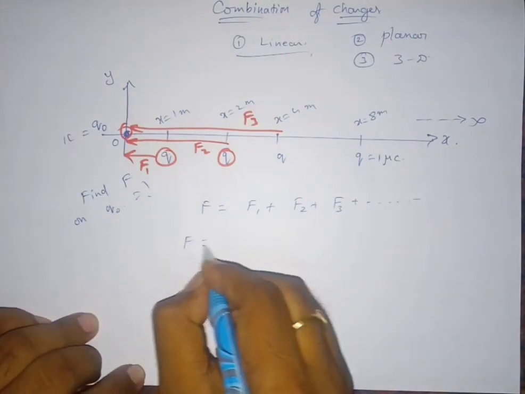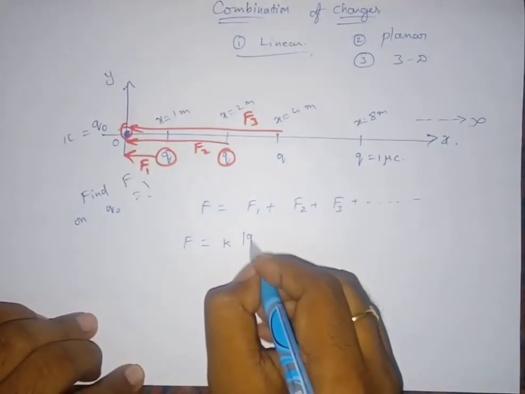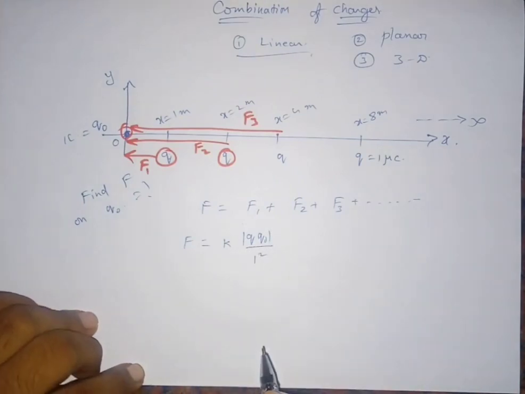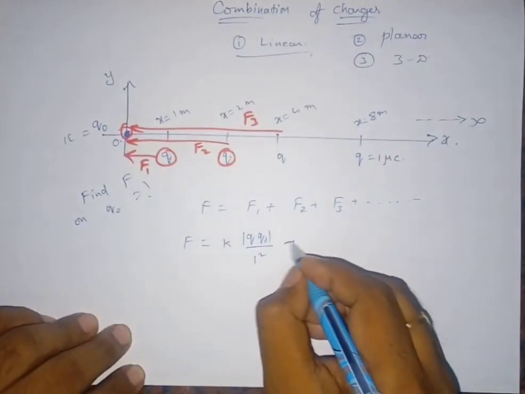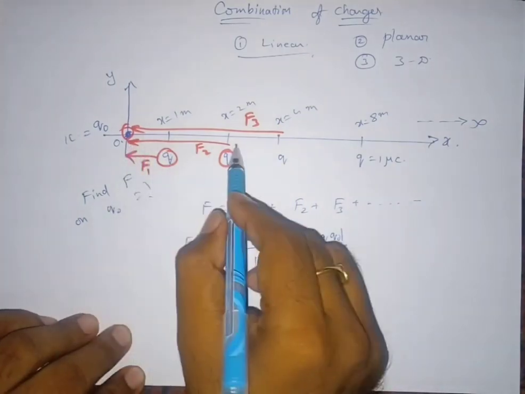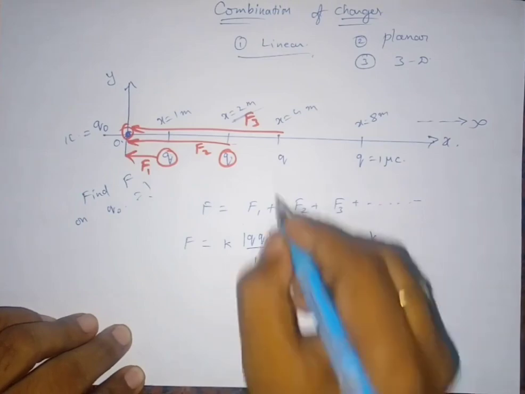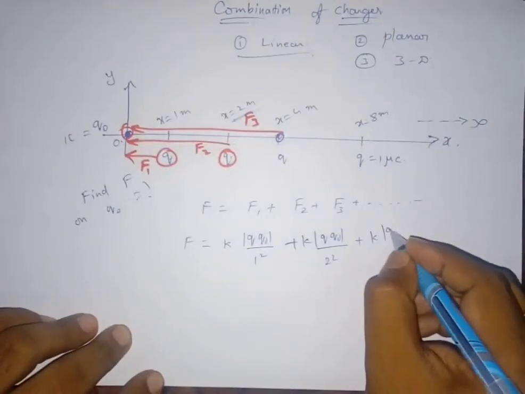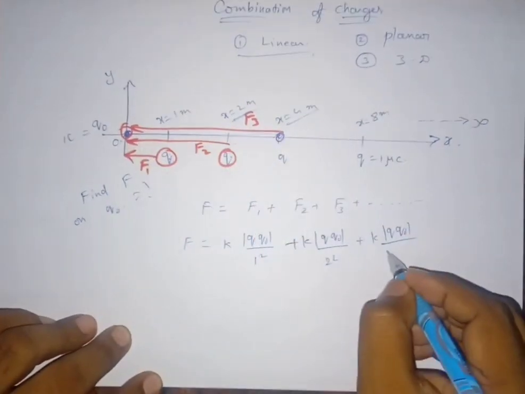What is the expression for F1? K mod Q Q0 upon distance square, which is 1 square. What is F2, between this and this? K mod Q Q0 upon 2 square. Now F3, K mod Q Q0 upon 4 square.